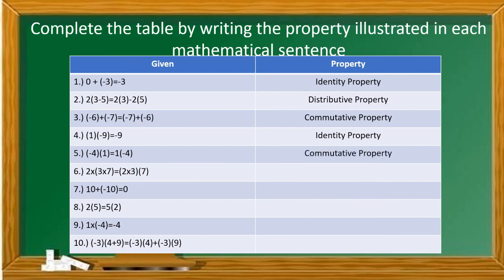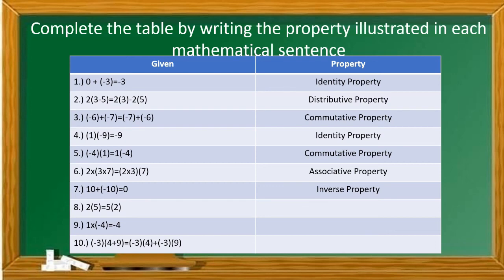Please observe the grouping in the sixth number. What do you think is the correct answer? Excellent! It is associative property. How about item number 7? Good! It is inverse property. What do you think is the answer in question number 8?